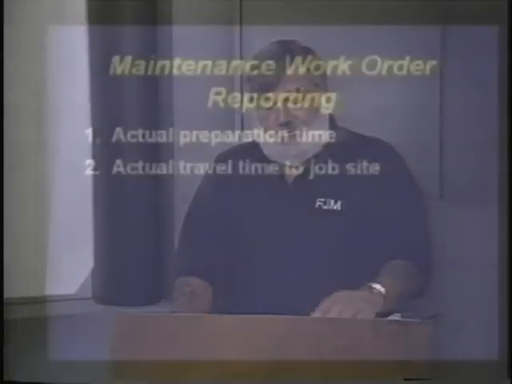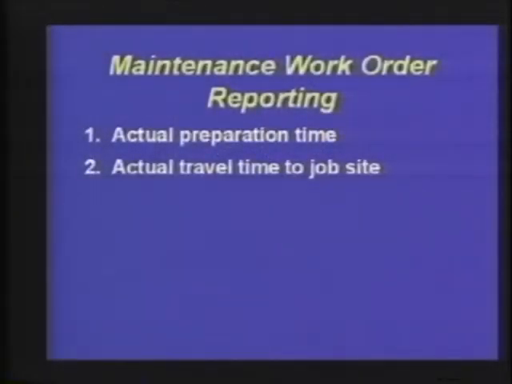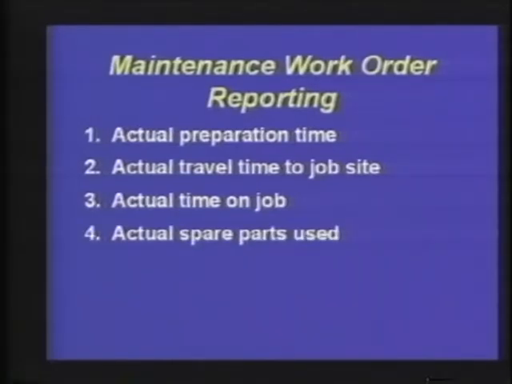Likewise, item 2 is the travel time to the job site. Item number 3 is the actual time on the job, that is performing all of the work activities. And then 4 is the actual usage of spare parts. And if not all the spare parts were used, then those would have to be returned to the storeroom.